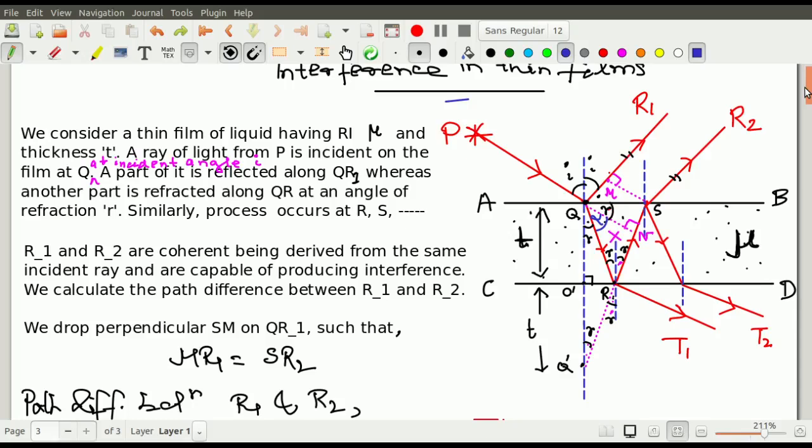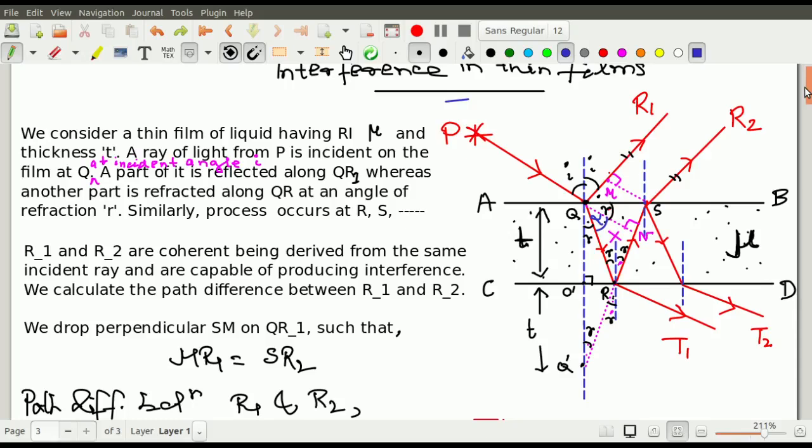You know this was taught in the last class, in the Lloyd's mirror experiment. In the Lloyd's mirror the central fringe was dark instead of being bright. In the Stokes treatment also you have seen it. So let us recall, whenever there is any reflection from the denser medium, that is the light is traveling from rarer to denser, then what happens?